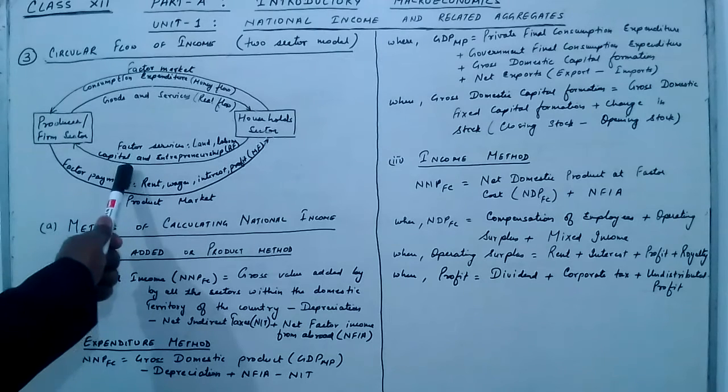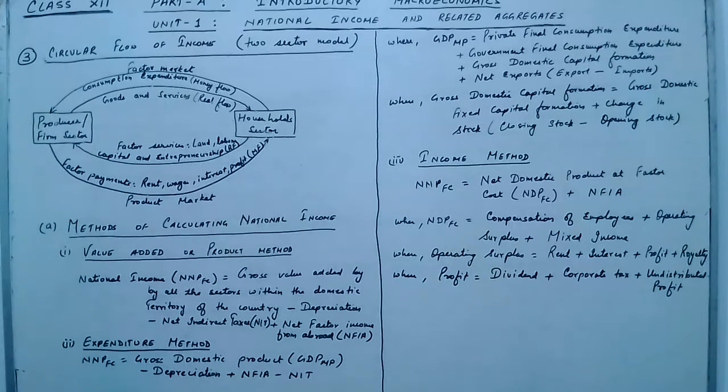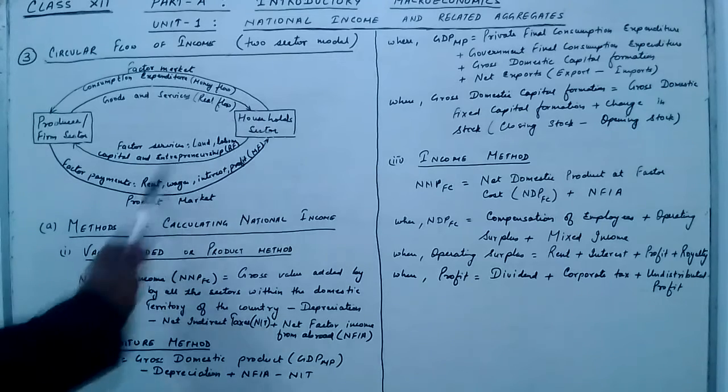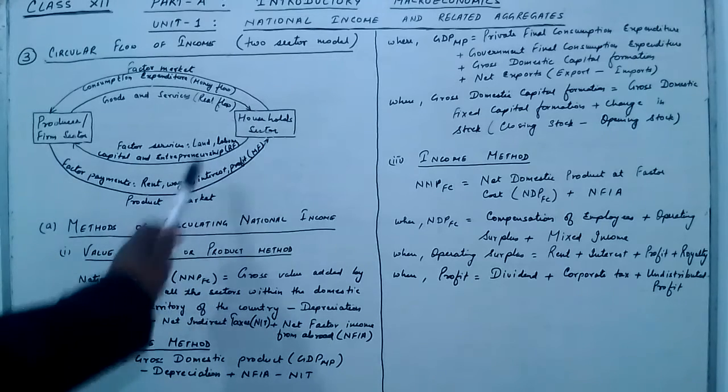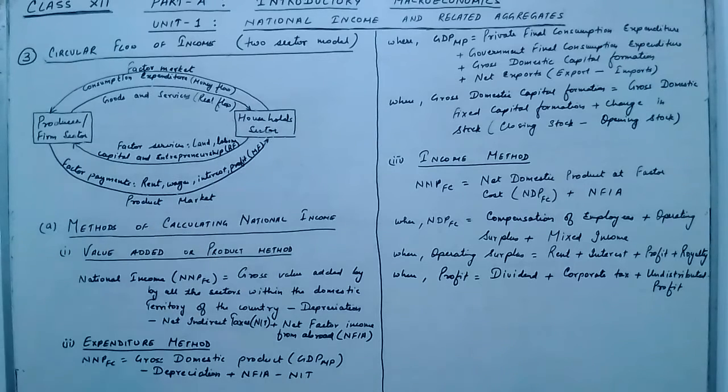Whatever capital they have saved in the bank, they get interest, and the entrepreneurs, after paying all the expenses, whatever money is left in the company, that is called the profit. So the household gets rent from land, wages from labor, interest from capital, and profit from entrepreneurs.